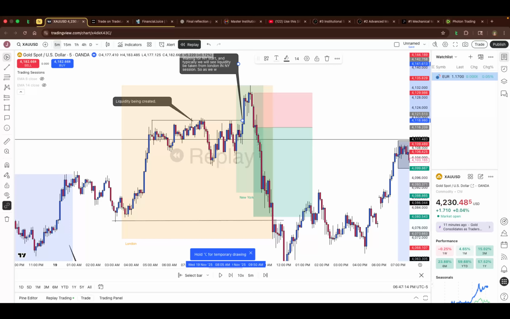As we wait, we see price take liquidity, then push strongly down. A confluence that tells me liquidity has been grabbed and institutions are in on sells.